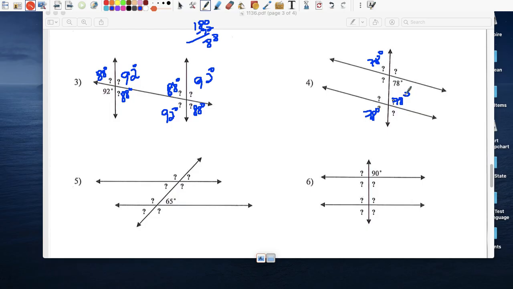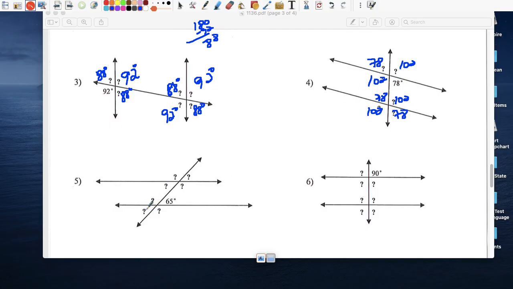Because 78 plus the angle that's missing equals 180, which makes this guy 102. Oops, I made a mistake here, sorry. Let me erase that and rewrite it again. So this is 78, this is 78, and we said this was 102, and this was 102. So let me repeat the process at the bottom: 102, 78, 102, 78, right? The exact same four numbers.